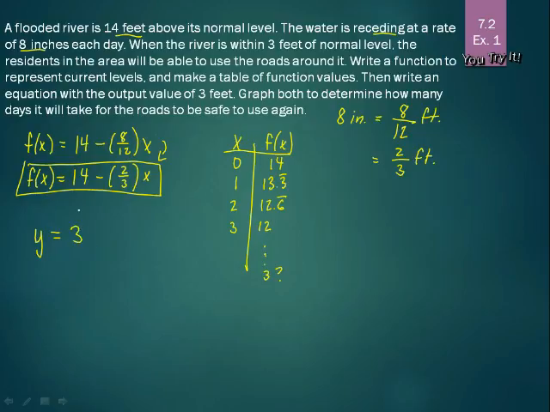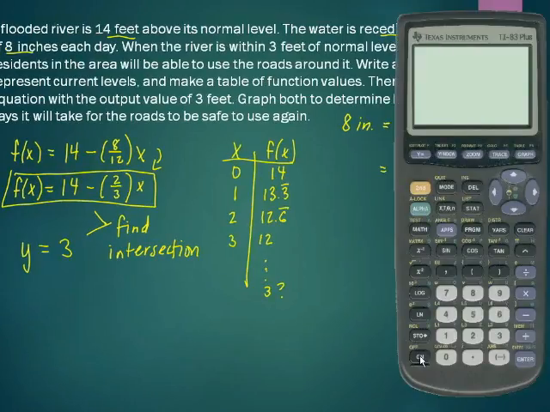And so we can go ahead and put that in the calculator. If we find the intersection of these two, then we should be able to see when this will reach the level of 3 feet. And so we can go into our calculator and go to our y equals, and in y1 I'll put our f of x equation, and then in y2 I'll put y equals 3.